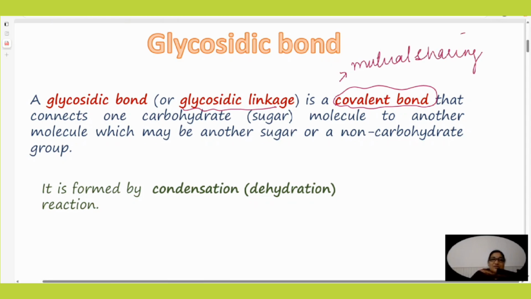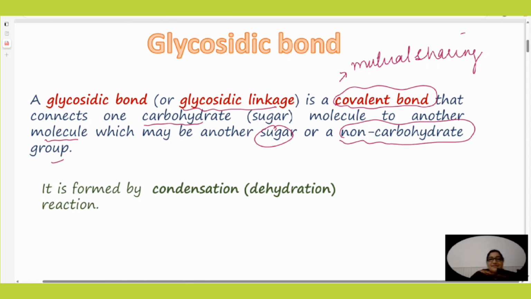Moreover, the glycosidic bond not only connects one carbohydrate sugar molecule to another sugar molecule, but it may also connect one sugar molecule to a non carbohydrate group. So, it is not always so that the glycosidic bond will be only in between two sugars. It can be between one sugar and another non carbohydrate group.